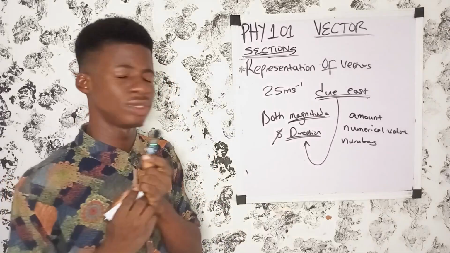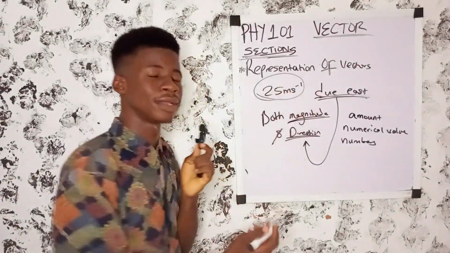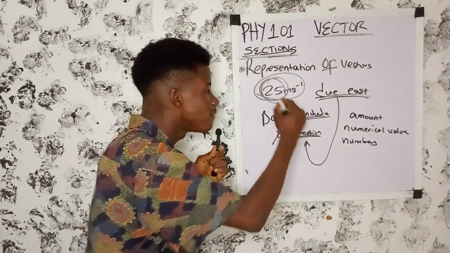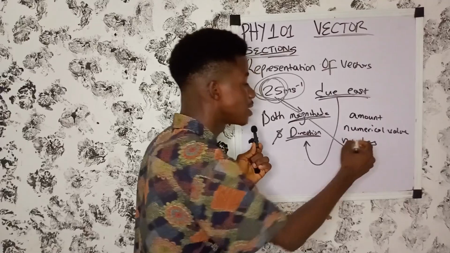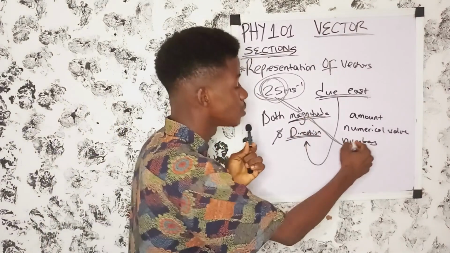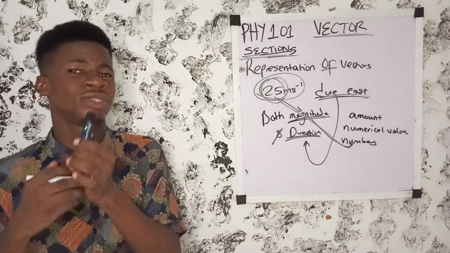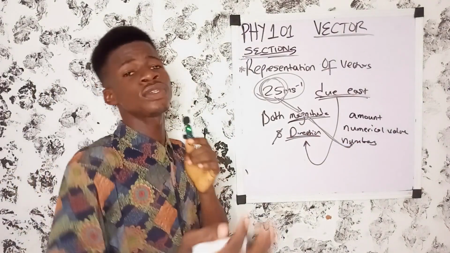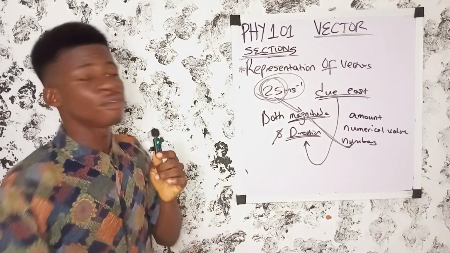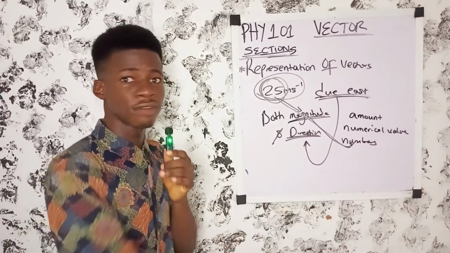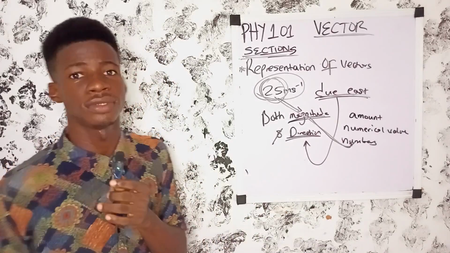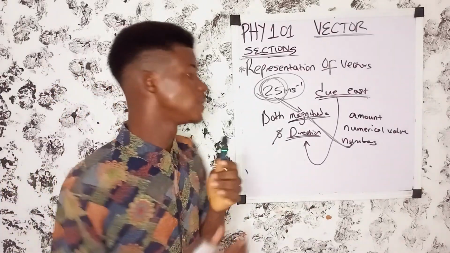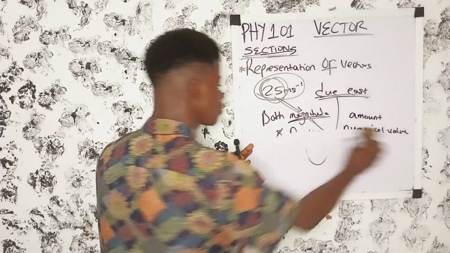What about the magnitude? It is this number, 25. Remember, magnitude means numbers. That is just it. A force of 30 Newton, a force of 100 Newton: the 100 there is the magnitude, the 30 there is the magnitude.